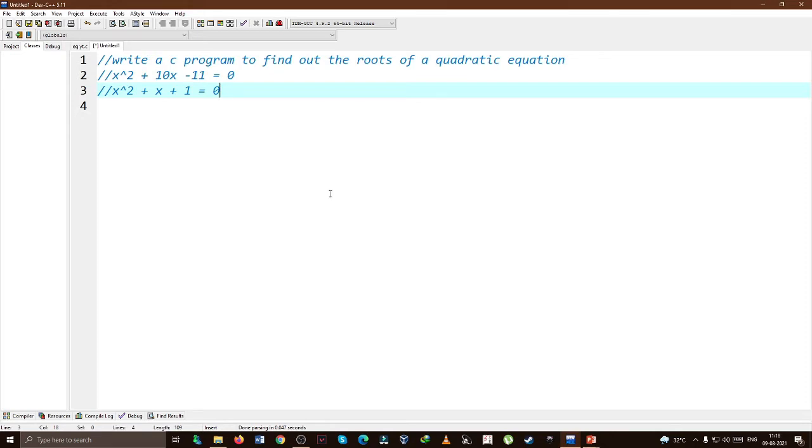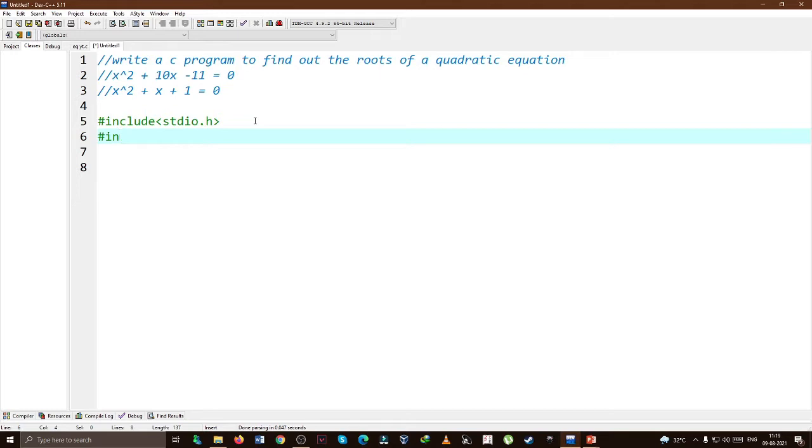Now we will see how to do the C programming for finding out the roots of a quadratic equation. First we will include our header file, that is stdio.h. Now we will include another header file, that is math.h, which will help us do the square root operation here.